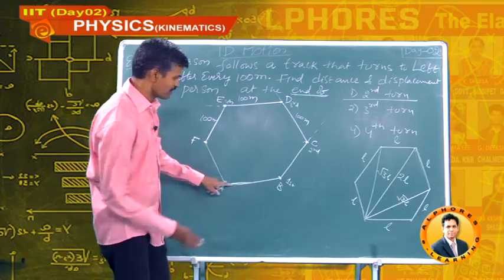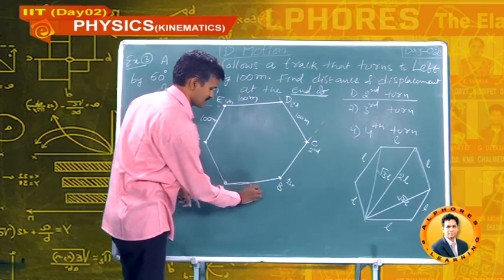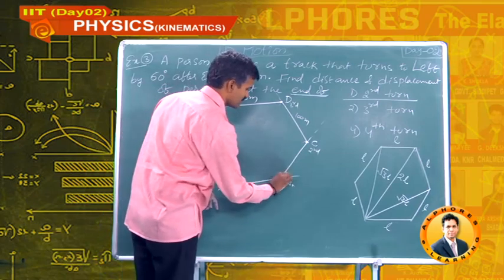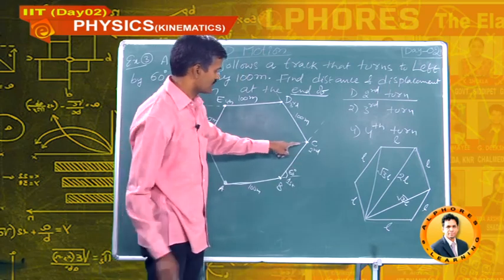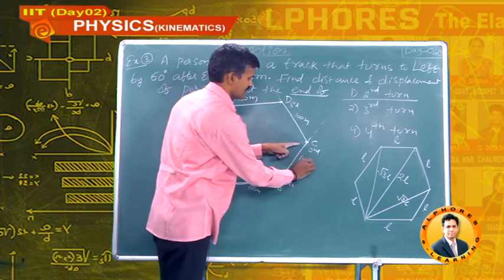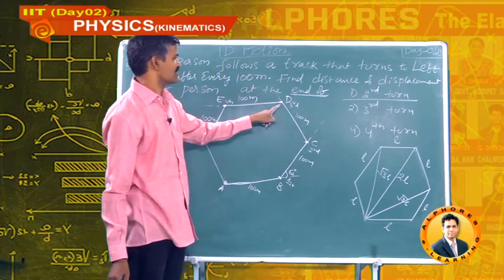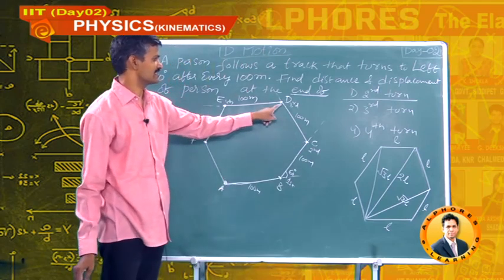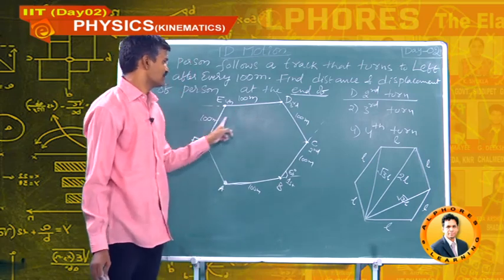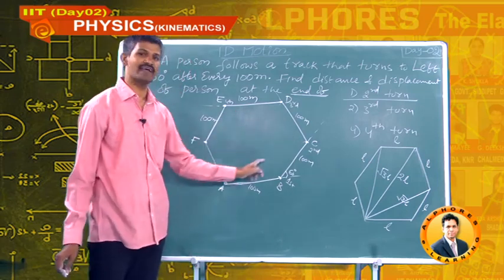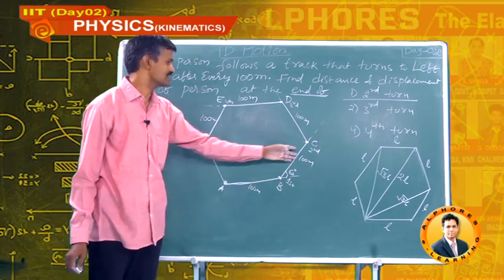He walks for 100 meters and then takes a turn through 60 degrees, and then walks for another 100 meters, takes the second turn, and then walks for another 100 meters, takes the third turn. Like this he continues this hexagon. Which hexagon is this? It is a regular hexagon. We know that every side is 100 meters.